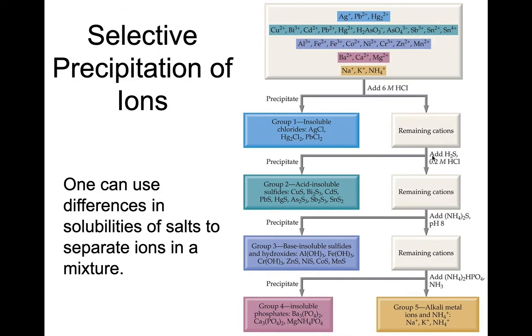And next we could add H2S, and the second group, any of these ions, would precipitate because these are insoluble sulfides. All of these bonded with S. See, here we added hydrochloric acid, we're adding chloride ions, we're forcing salts that form chlorides to precipitate.